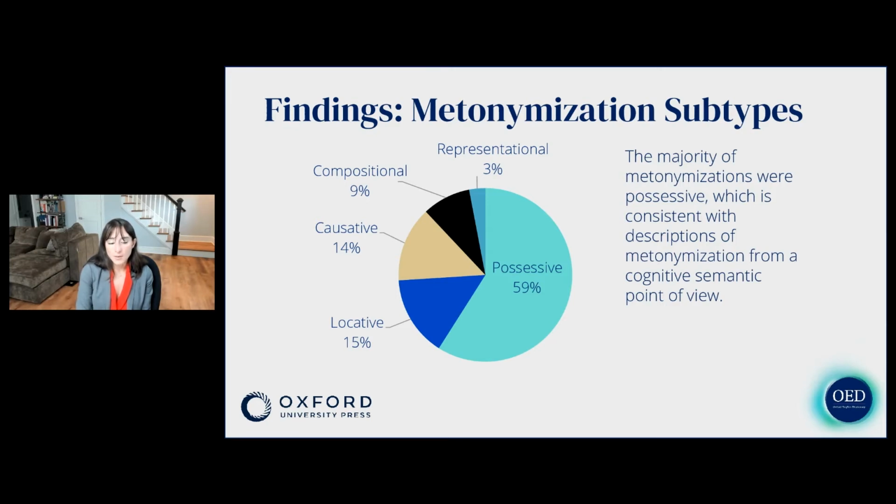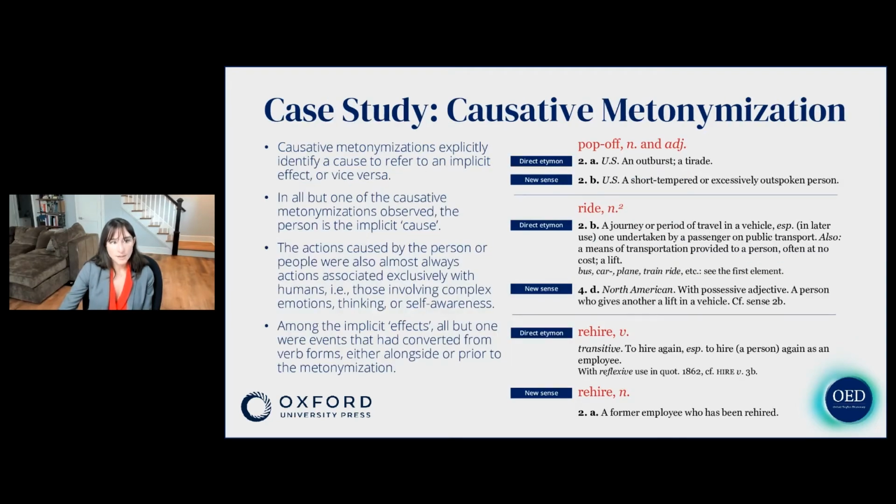Identifying a person with certain characteristics or traits, or something they possess that is physically on their person or apparent when you speak to them, is a very common shorthand, even casually, if you think about nicknames, and is often a very efficient way of identification and of communication. So it does make sense that possessive metonymization is the most productive.